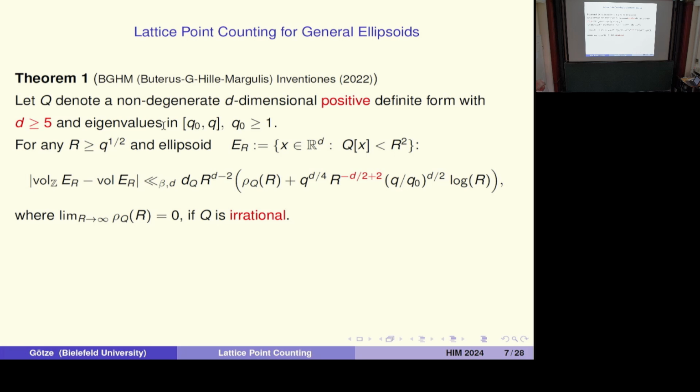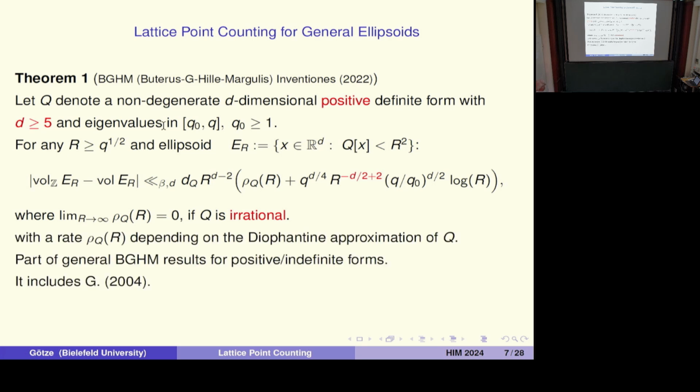And here, this number theoretic function turns to 0 if the radius goes to infinity, if Q is irrational, for any irrational matrix. And you can work out what this is in terms of Diophantine properties of the matrix and really quantify to some extent how fast it goes to 0. Okay. So the proof is based on results for, as I said, positive as well as indefinite forms. It's one theorem for all, and it includes the previous one.